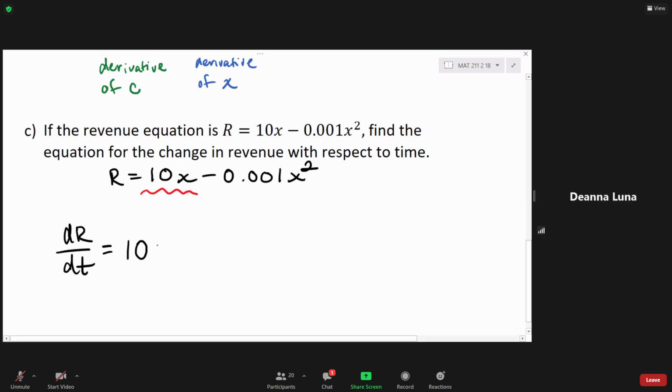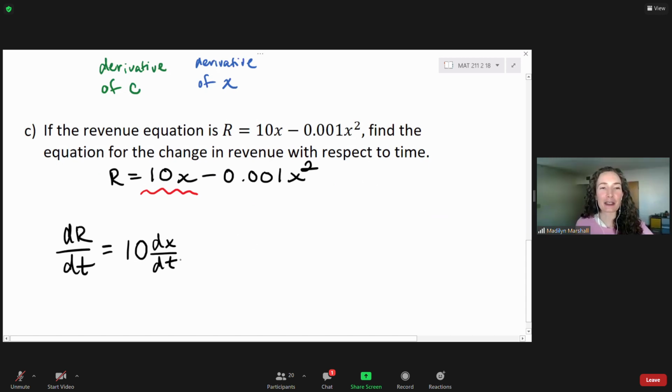Is it dx over dt? Exactly, yes. So if we were doing the derivative with respect to just x, we would get just 10 there. But since we're doing the derivative with respect to t, we get 10 with that dx dt to show that the x is also changing.